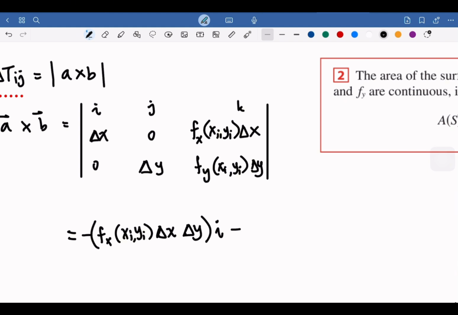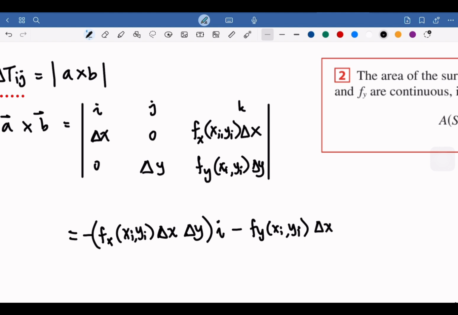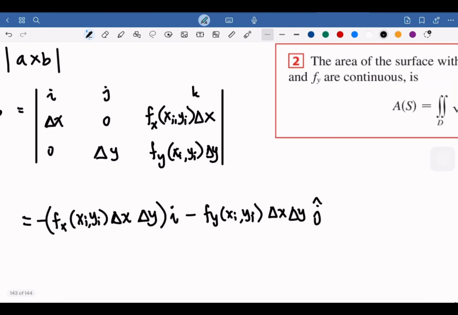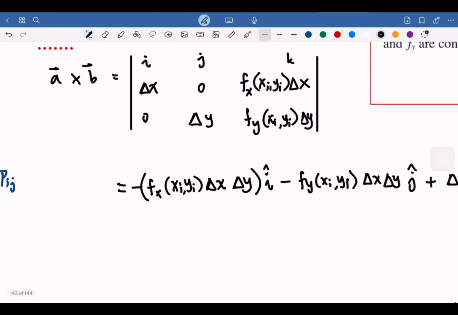For the second part it is partial y, and this is delta y delta x, but I will write delta x delta y instead, and j, and then for k it will be plus delta x delta y. Okay, so that's the A cross B, and then take the magnitude value of A cross B.